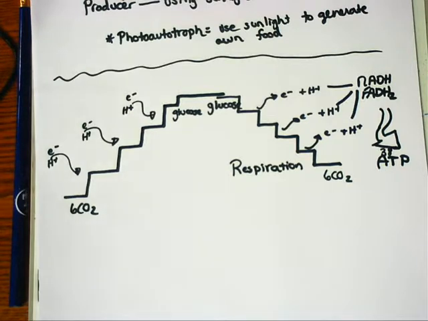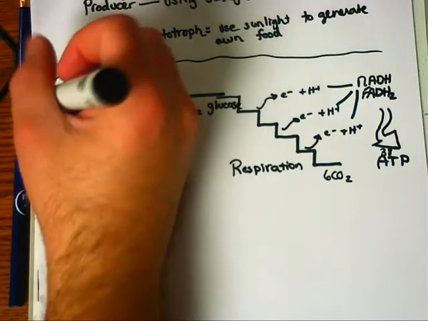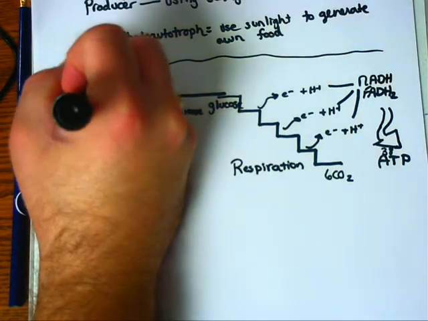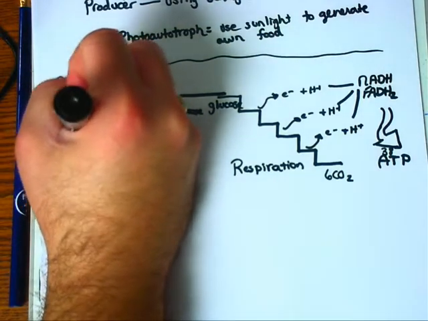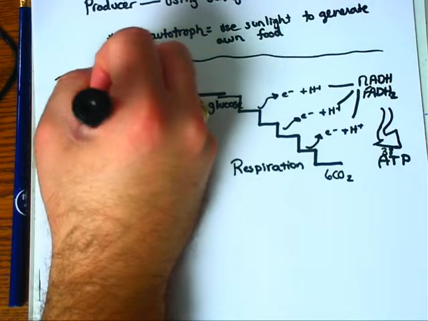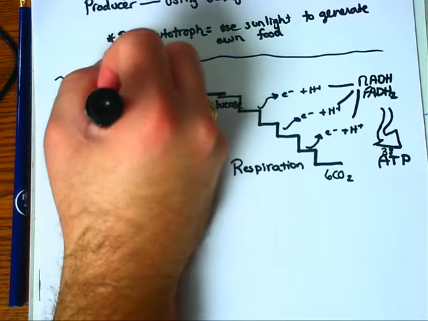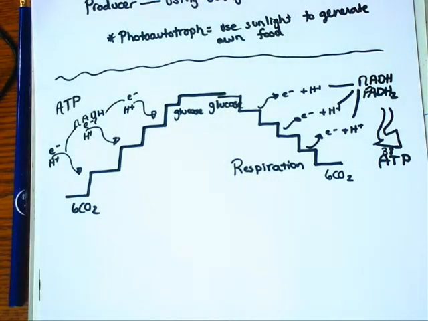Okay. Can I ask a question? Sure. So if there's a photoautotroph that uses sunlight to make its own food, are there others that do not use sunlight? Yeah, like we ourselves. Oh, no, but as an autotroph.